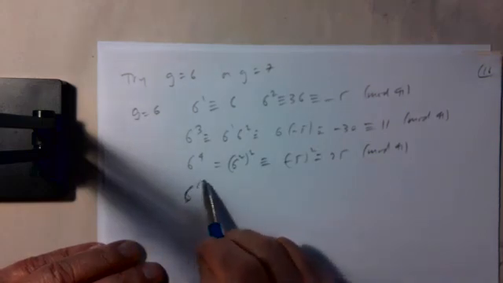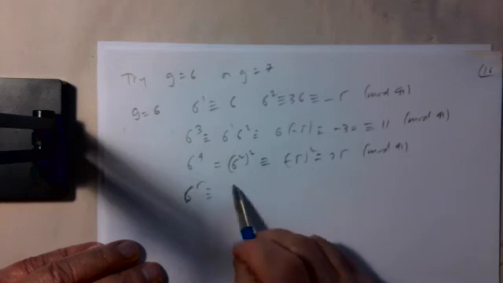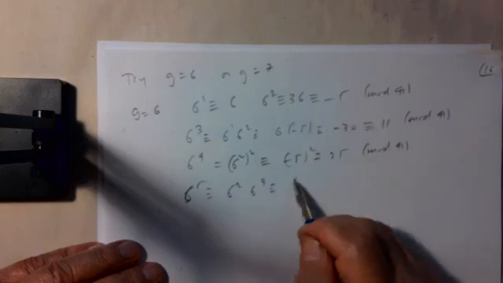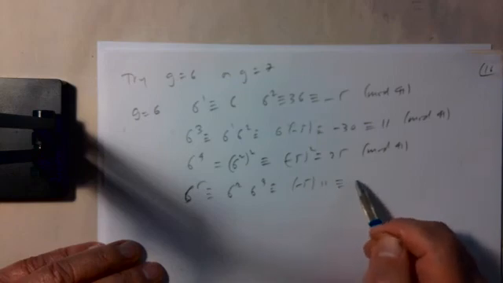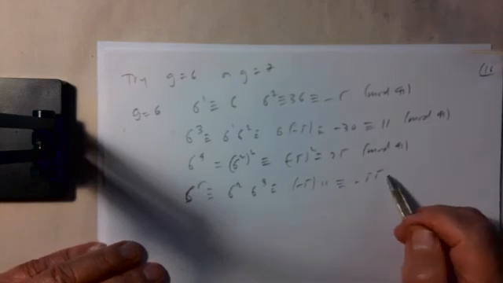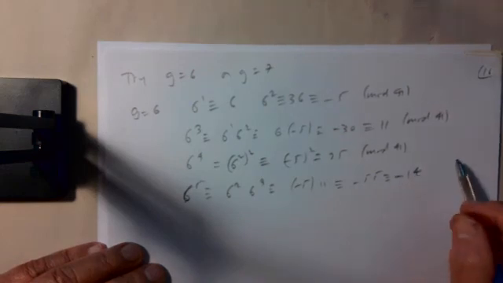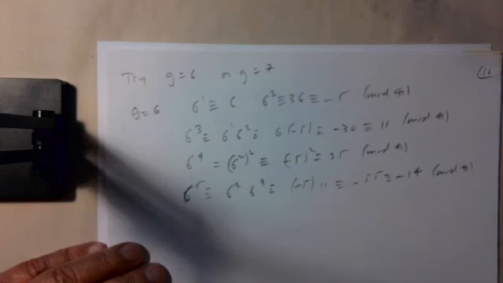6 to the fifth, maybe I'll write that as 6 squared times 6 cubed. 6 squared is minus 5. 6 cubed is 11. So that's minus 55. Modulo 41, that's like minus 14 mod 41.